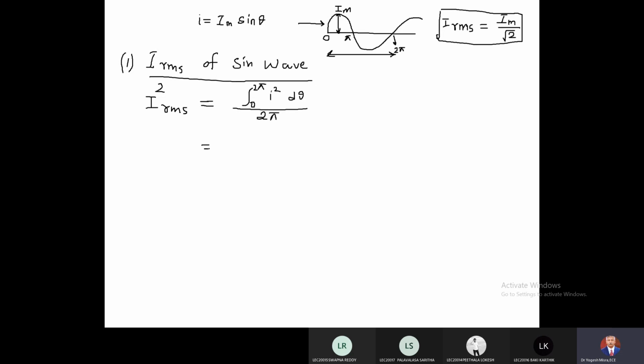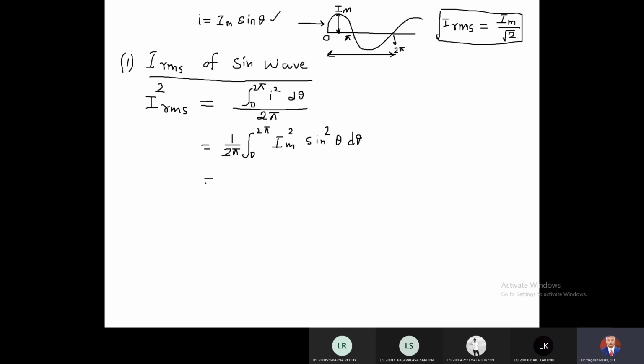So it can be written as 1 by 2 pi, integral from 0 to 2 pi. This i is represented by the equation Im sine theta, so its square is Im square sin square theta d theta, right?